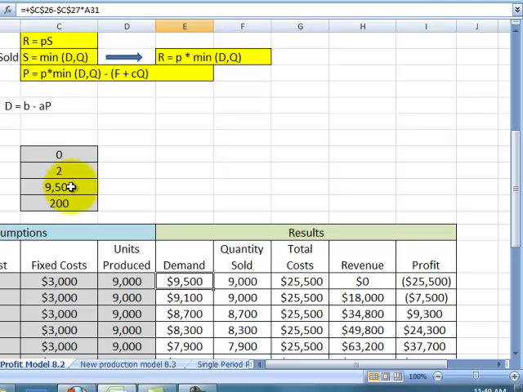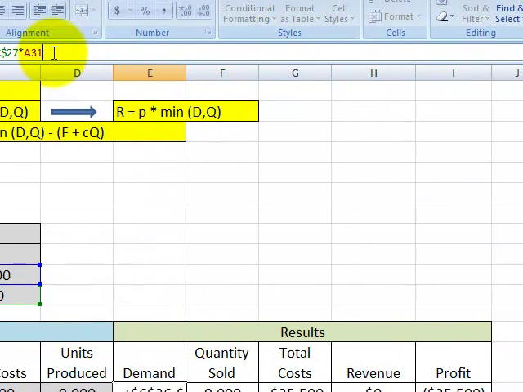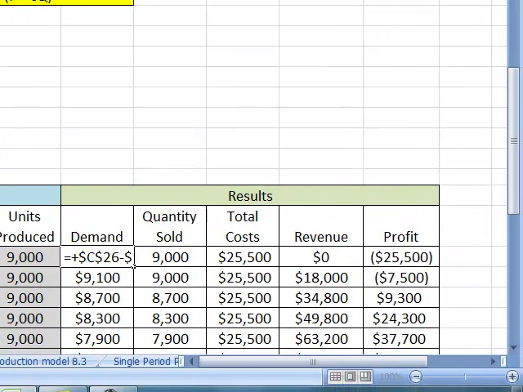Our quantity demanded: well, here's our demand function right here. So our demand is whatever our B is minus A times P. Our A is 200 and our P is our price, which we find right over here, which we've made various assumptions on. So that's our demand.